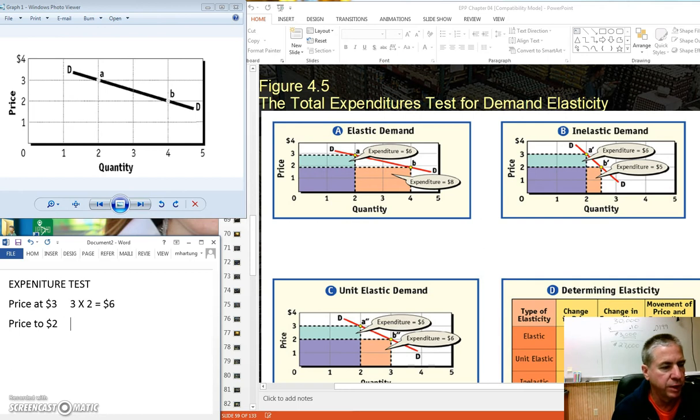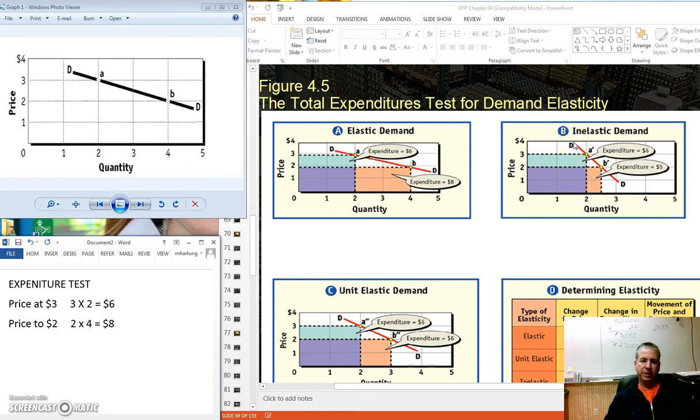Well, that would be $2 times, and we have to take a look at our chart up here and see what's going on. Look at that, the curve is at 4. And this is the same example, now that I see, that is in the book. And that equals $8. And so that might be something you might do on your notes on the test when you're checking for this. It's an arithmetic way to find out whether or not a particular demand curve is elastic or inelastic or unit elastic.